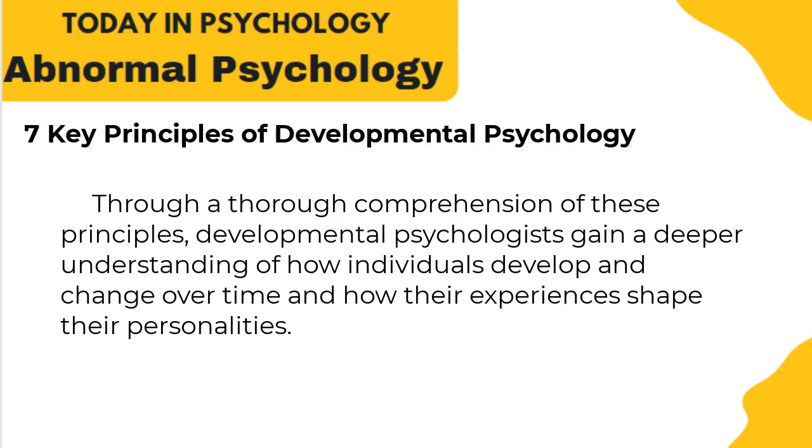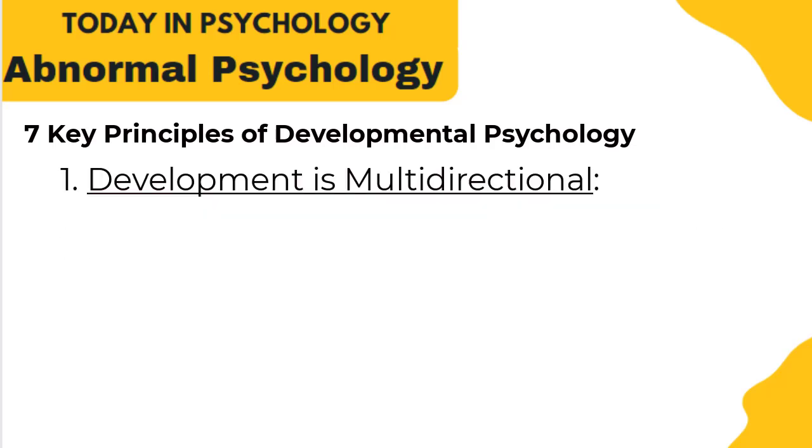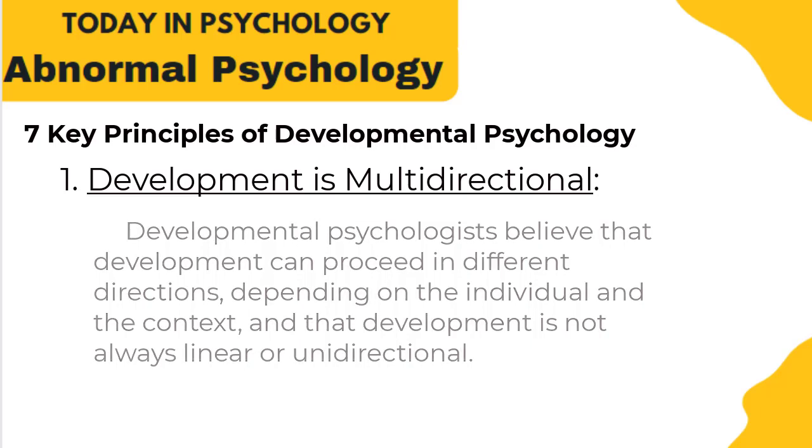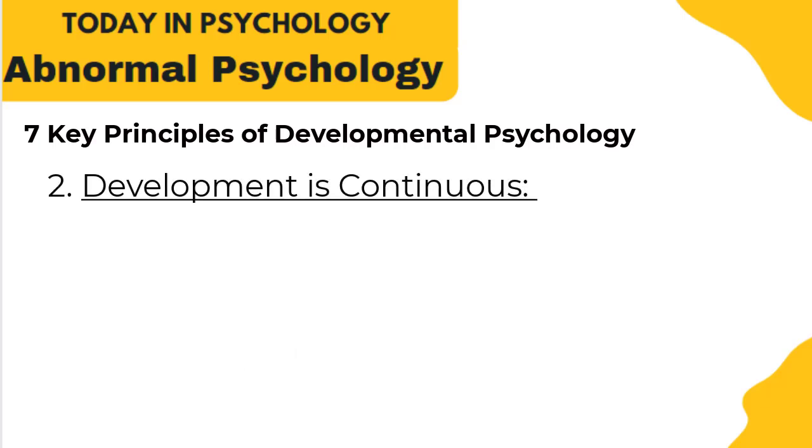Some key principles of developmental psychology include: development is multidirectional. Developmental psychologists believe that development can proceed in different directions, depending on the individual and the context, and that development is not always linear or unidirectional. Development is continuous.